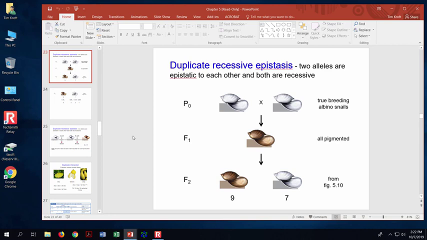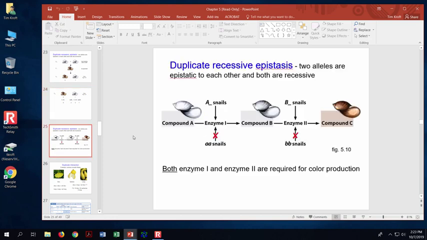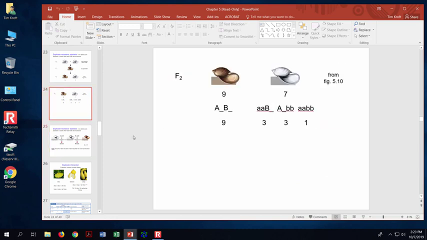In the case with duplicate recessive, you see 9 and 7. That means that the 3, 3, and the 1 are all together. So just thinking about that without knowing anything else, you can figure out what is epistatic and what is hypostatic.